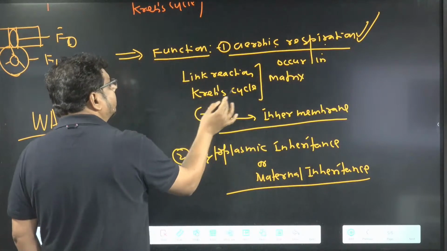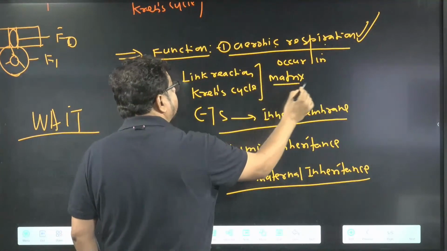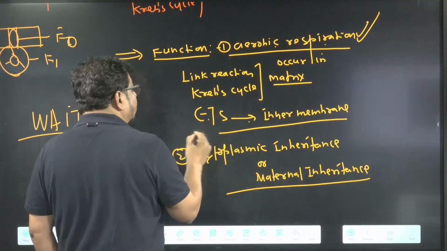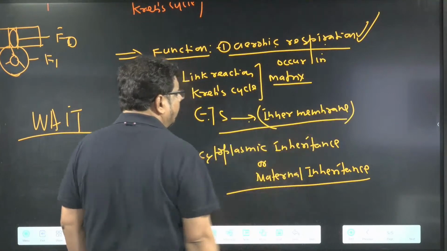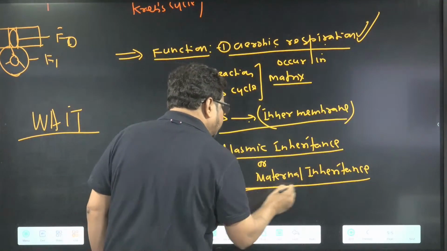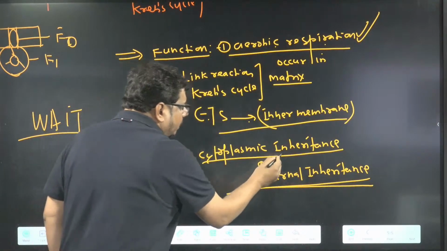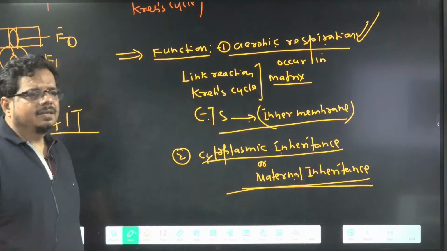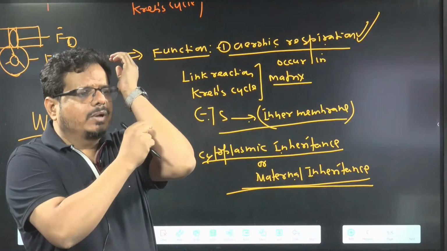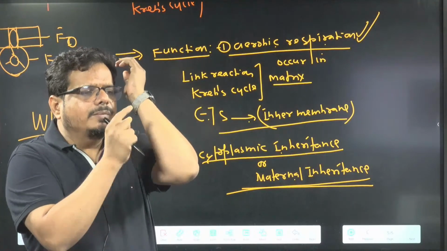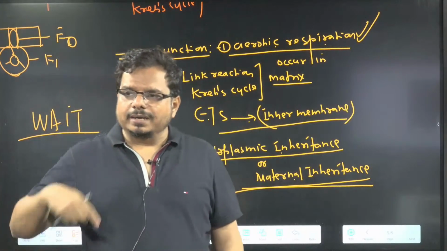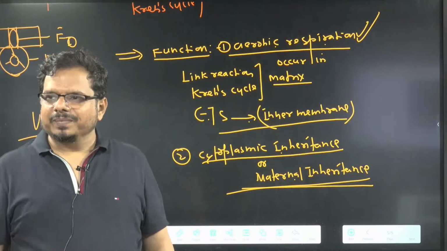Now I am telling the function of mitochondria: aerobic respiration. Link reaction and Krebs cycle of respiration occur in the matrix. Electron transport system and oxidative phosphorylation occur in which one? Inner membrane of mitochondria. Second function is cytoplasmic inheritance. It is also called maternal inheritance. The mitochondria in your body, either boys or girls, doesn't matter, are always contributed from your mother, not from your father, because who contributes the cytoplasm in the zygote?